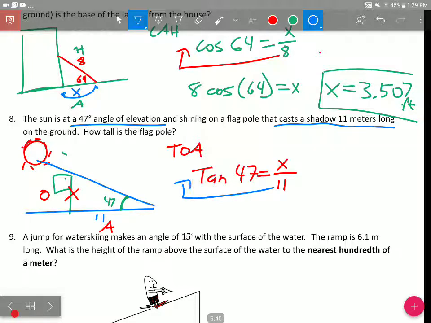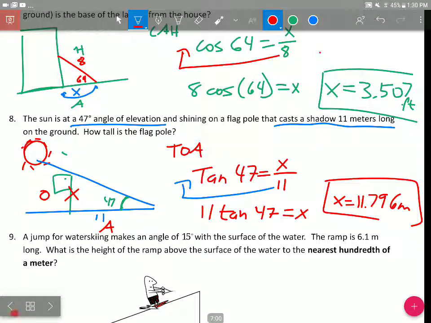Multiply by the 11. So 11 tangent 47 equals x. So x equals 11.796. I think that's feet, meters. Yeah. All right, last one on the page, and then I'll switch videos.